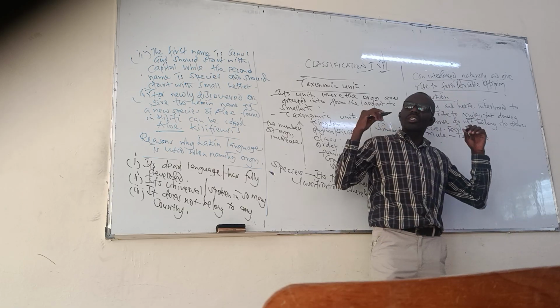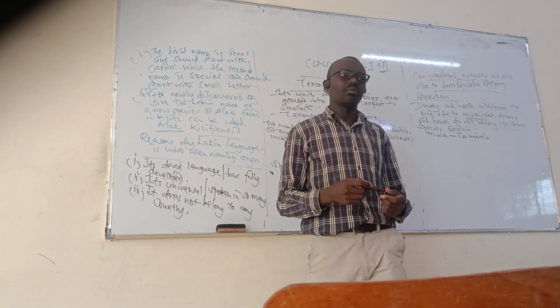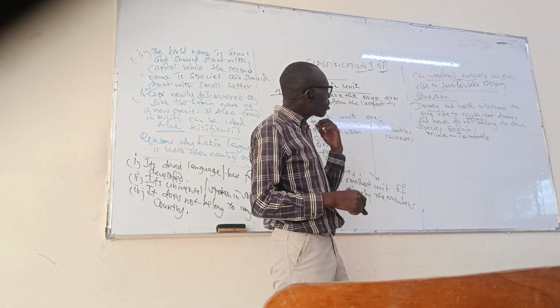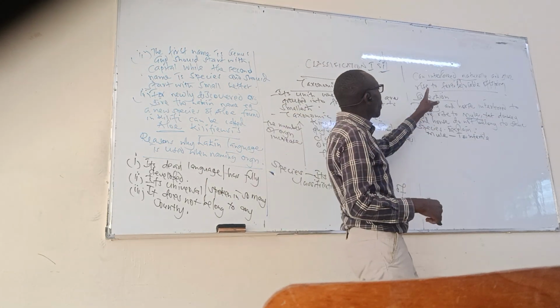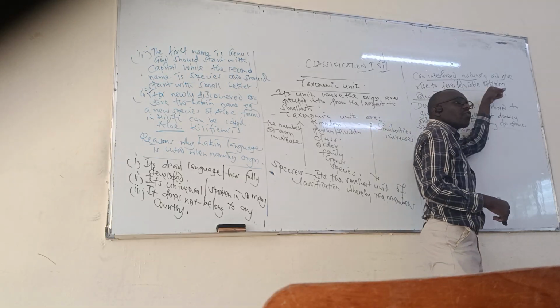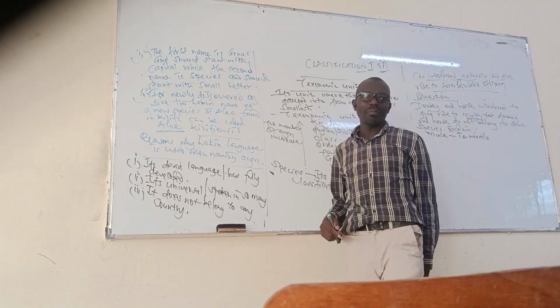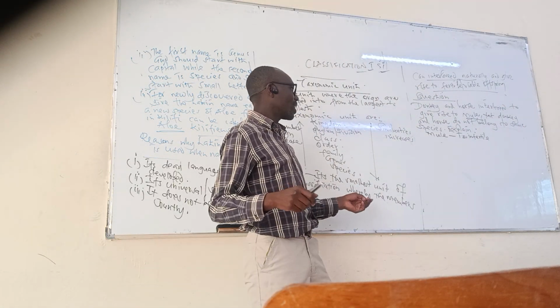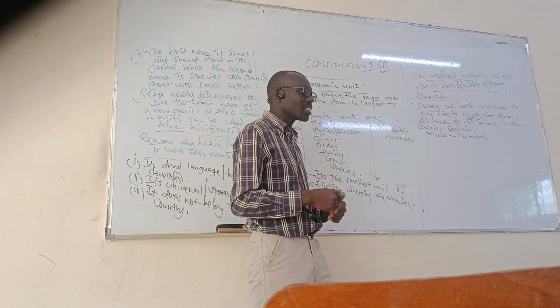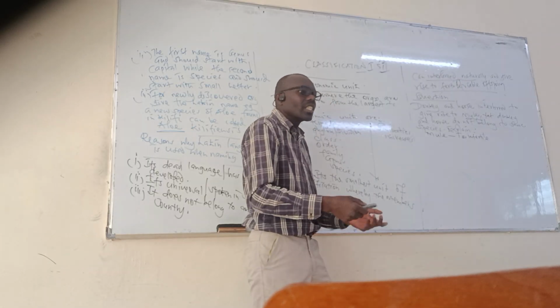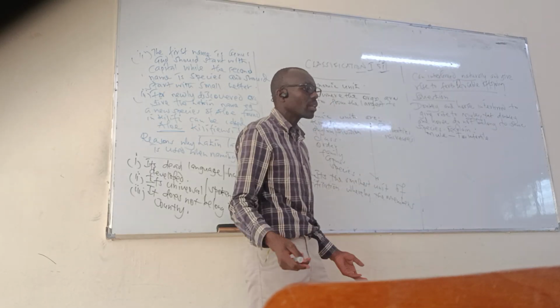A mule cannot give rise to a young one. For organisms to belong to the same species, the offspring should be fertile or viable. So a mule is infertile. Just as simple as that. The answer is that a mule is infertile; it cannot give rise to a young one.